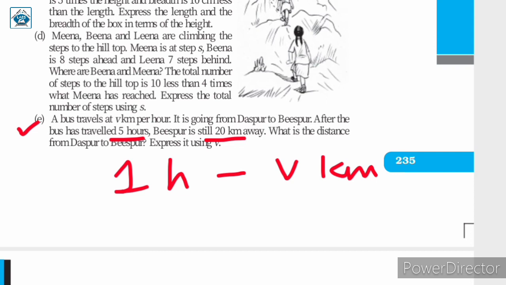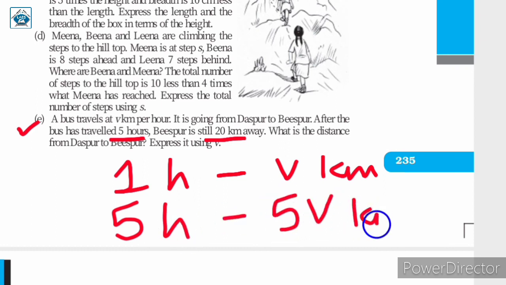So the distance traveled after 5 hours will be 5 times the distance traveled in 1 hour, because for 1 hour it is v kilometers, then for 5 hours it will be 5v kilometers. This will be the distance traveled by the bus.